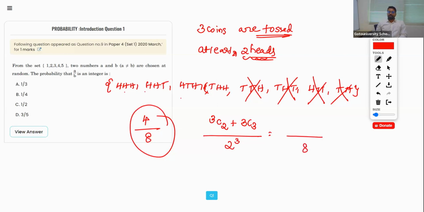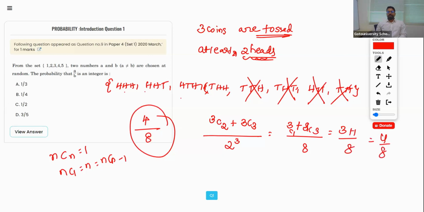In the numerator, 3C2 is 3, 3C3 is 1, because I know NCN is equal to 1, NC1 is equal to N, which is NC(N minus 1). So I can write 3C1 and 3C3 if you want. That is (3 plus 1) by 8, which is 4 by 8, and further simplified it becomes 1 by 2. So the chance is exactly half, that is 50%.